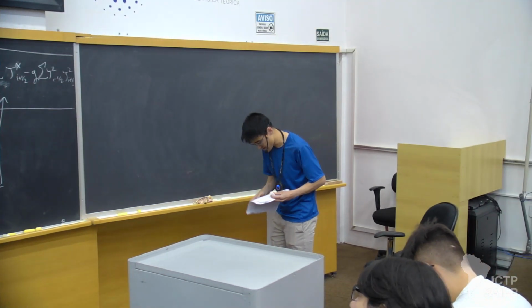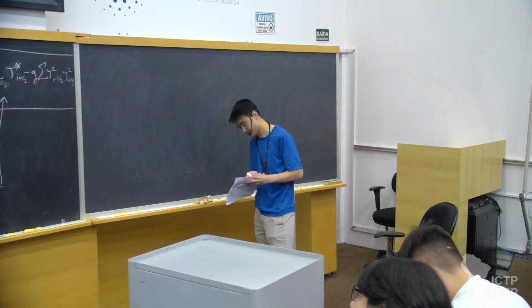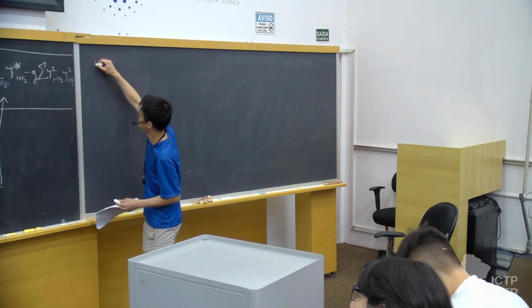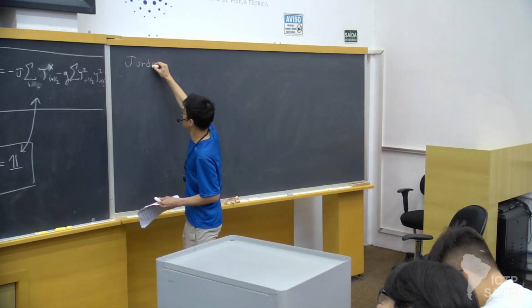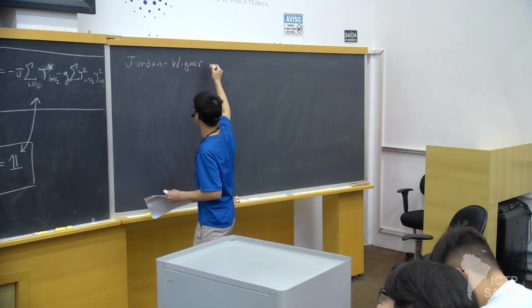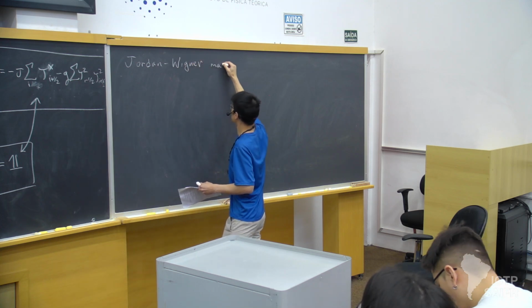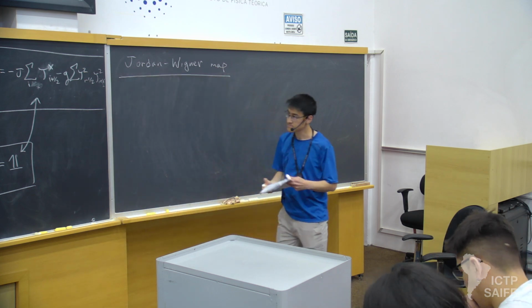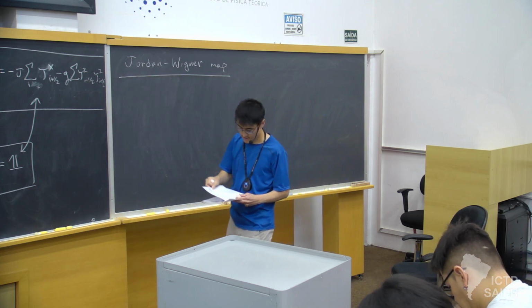This is basically what's called a Jordan-Wigner transformation, or boson to fermion transformation.